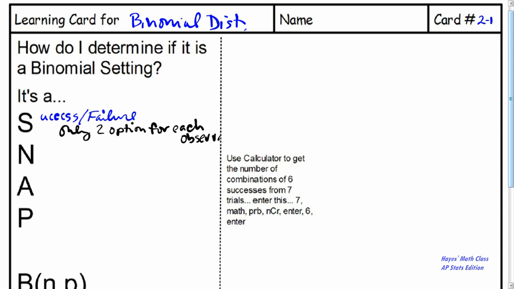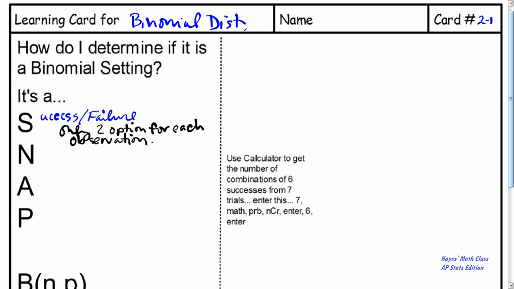So every observation that we do either succeeds or it fails. That's it. There is no other possible option for what could happen.